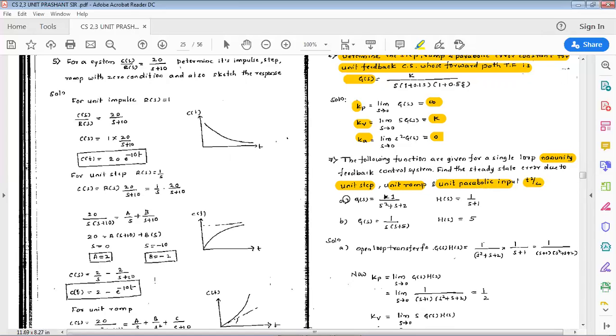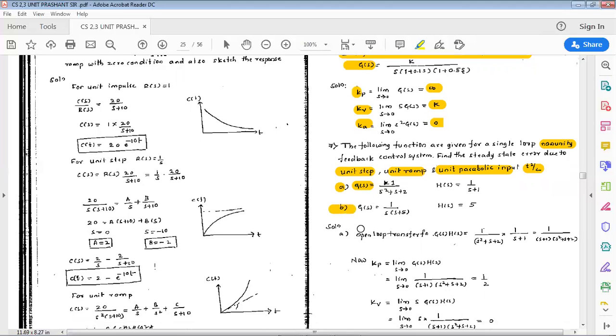In the first set, G(s) is given as 1 by (s square plus s plus 2). H(s) for that function is 1 by (s plus 1). Similarly, for part b. Now let us solve the first one, section a.